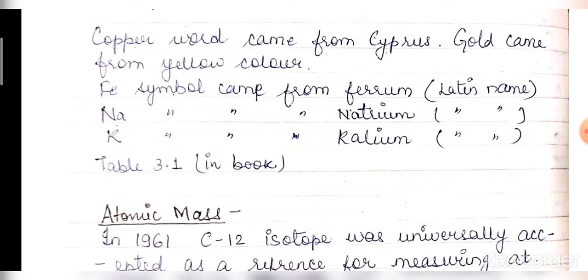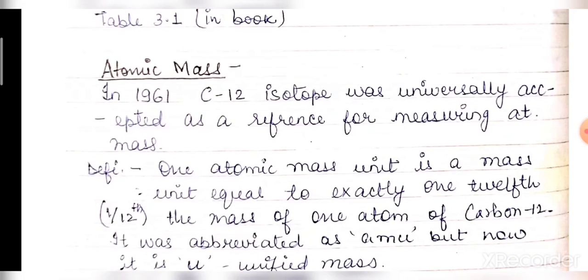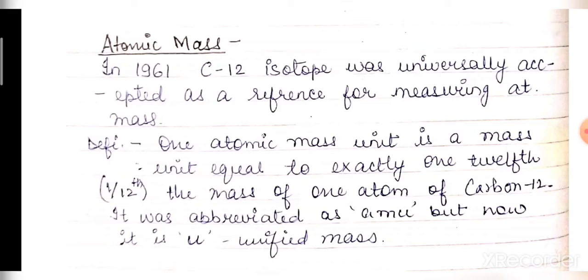Now coming to the next topic, atomic mass. In 1961, the carbon-12 isotope was universally accepted as a reference for measuring atomic mass. So basically atomic mass is the mass of the atom, and it has been taken equal to 1/12 of the carbon-12 atom.